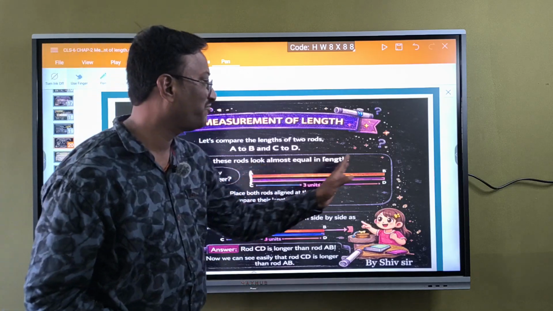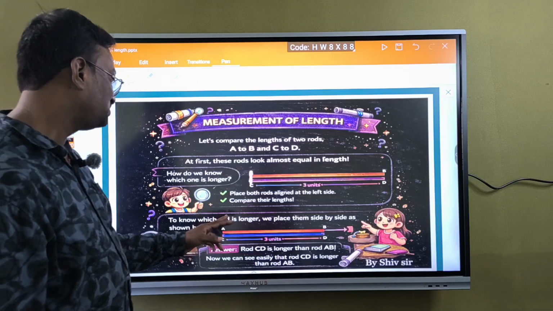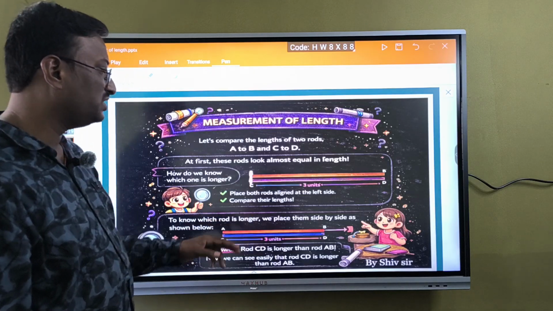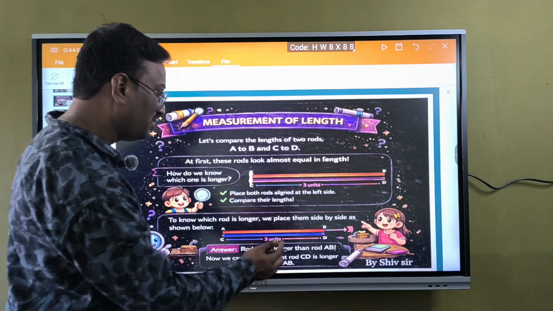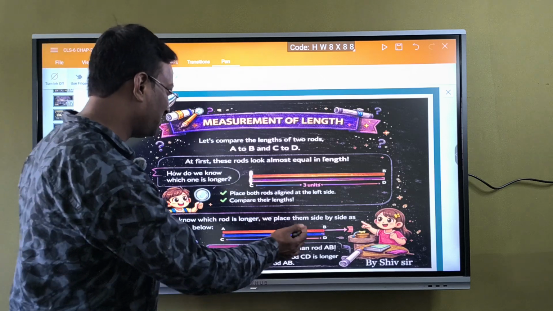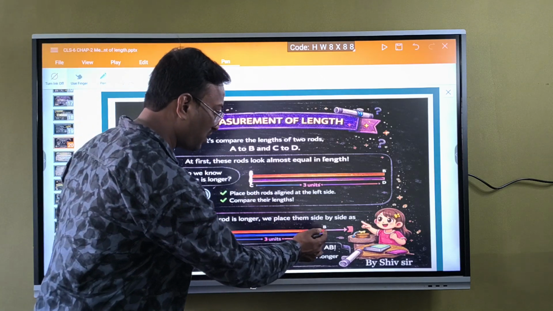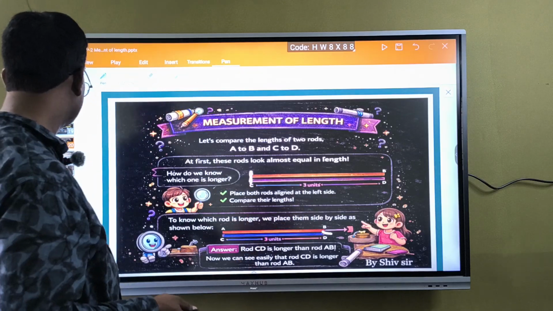Then we can see the difference on the other side. Placing them side by side, we can say that rod CD is somewhat longer compared to AB. Likewise we can measure things.